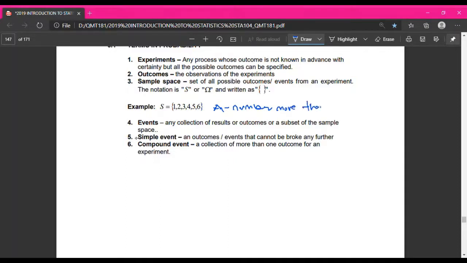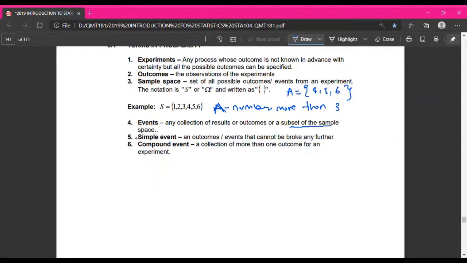Ini adalah event. Kita boleh tulis event A dalam bentuk bracket juga. So, more than 3 will be 4, 5 and 6. So, ini adalah event A, which is a subset of the sample space. Sebahagian daripada sample space. Ini dipanggil event.